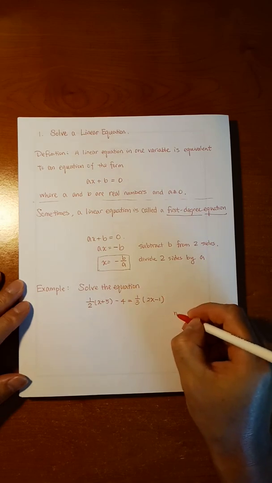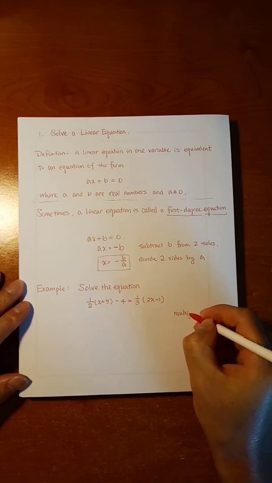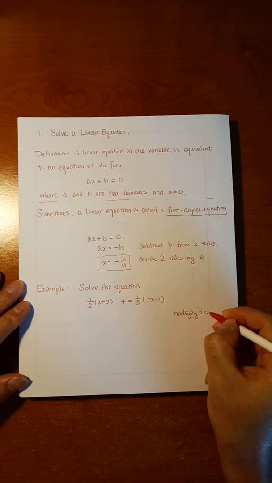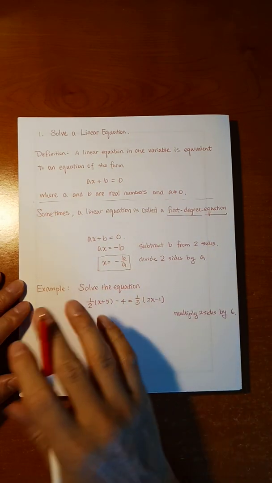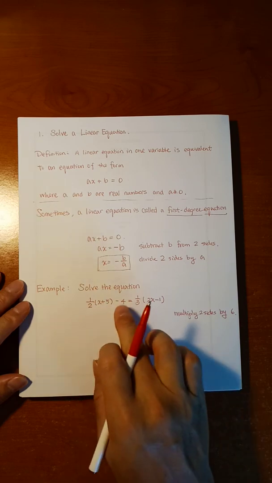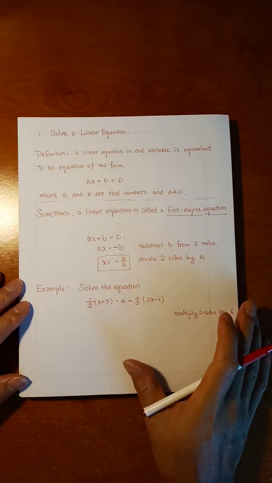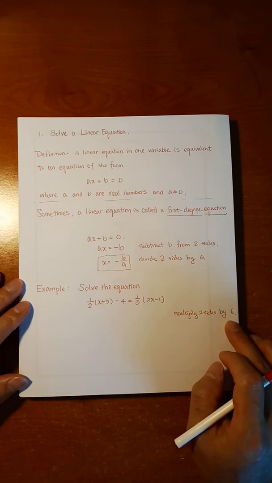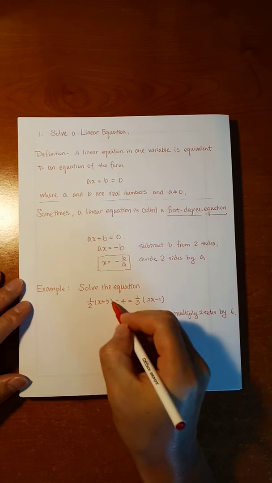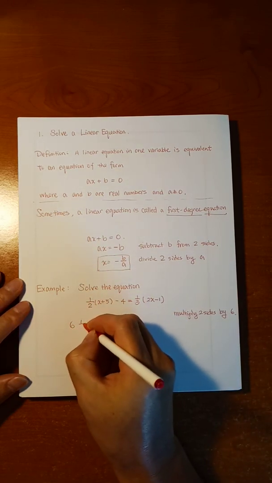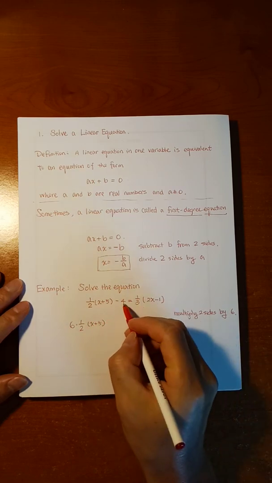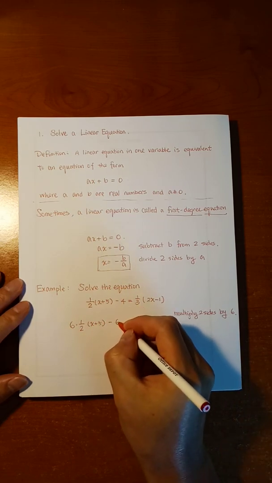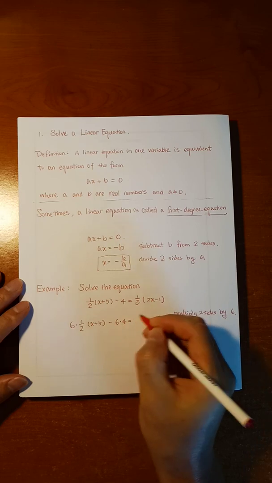Okay, so multiply two sides by 6. When we say that, we mean every term from each side will be multiplied by 6. So this first term times 6, and the 4 should also be multiplied by 6.